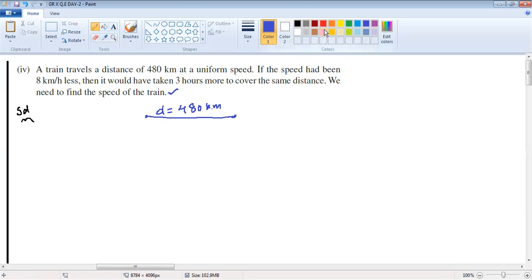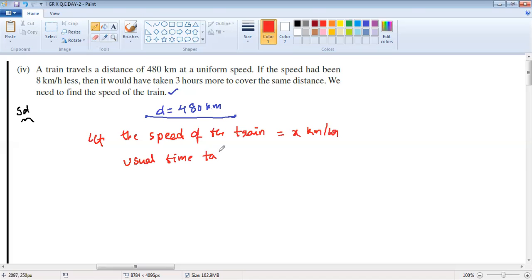Okay, so now I'm going to explain to you. Let the speed of the train be x kilometers per hour. Then the usual time taken, which we know is distance by velocity, is 480 by x. This is the usual time taken, t1. Now, if the speed is 8 kilometers per hour less, it will take 3 hours more.